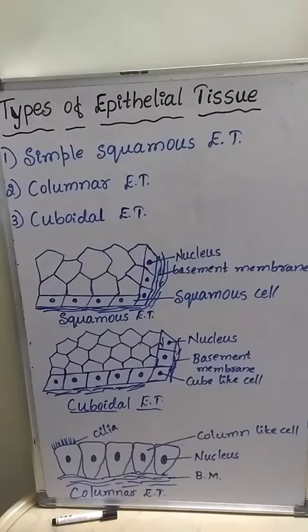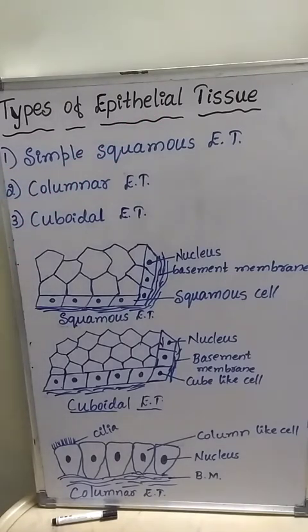The cells of the epithelial tissues are present on a basement membrane, and are tightly held together with the help of cementing materials and various types of junctions. In this class, let us discuss types of epithelial tissues.